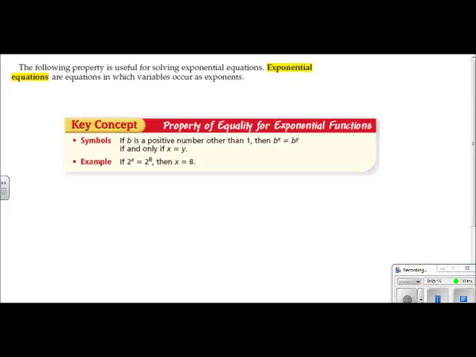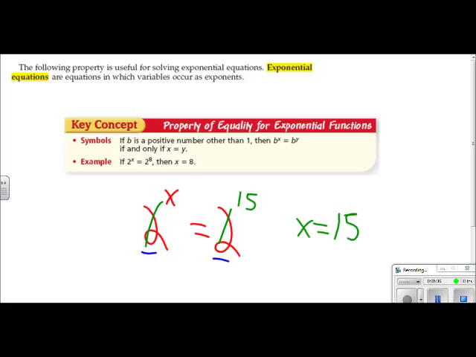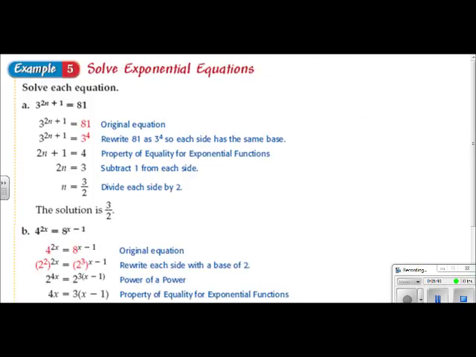One key property to look at is if we have something like 2 to the x equals 2 to the 15th. It's the same base, so we can essentially cross those out, so x has to be 15. That'll be a helpful property when we're looking at some of these.